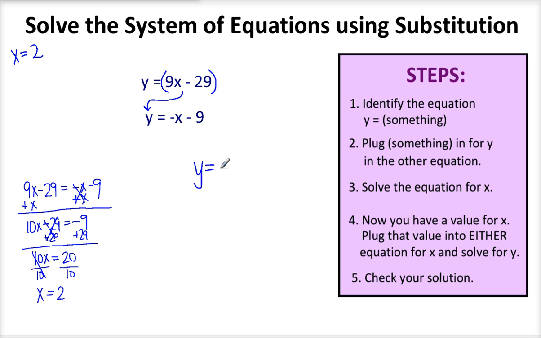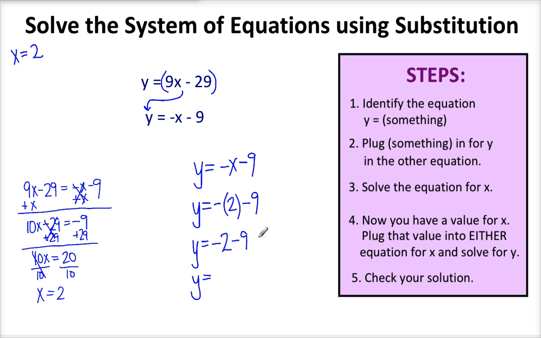So we'll rewrite the bottom equation, y equals negative x minus 9, and we're going to plug in a 2 for x. Now remember, anytime you substitute something in, you want to substitute it in parentheses. So we have a negative x, so x is 2, minus 9. Okay, simplify this. So a negative times 2 is just negative 2. Not too difficult there.